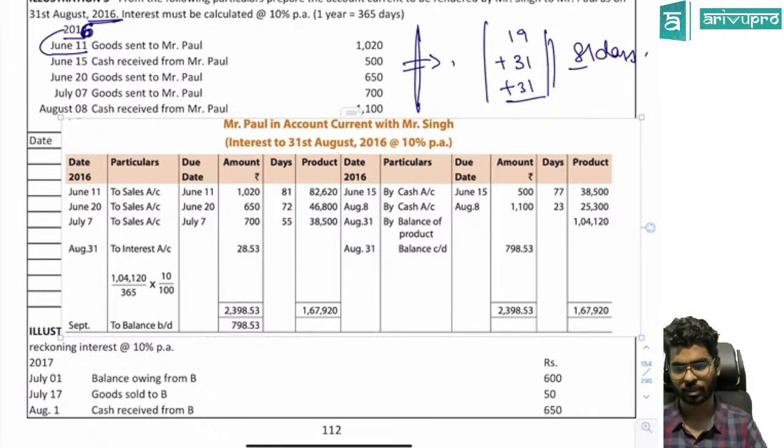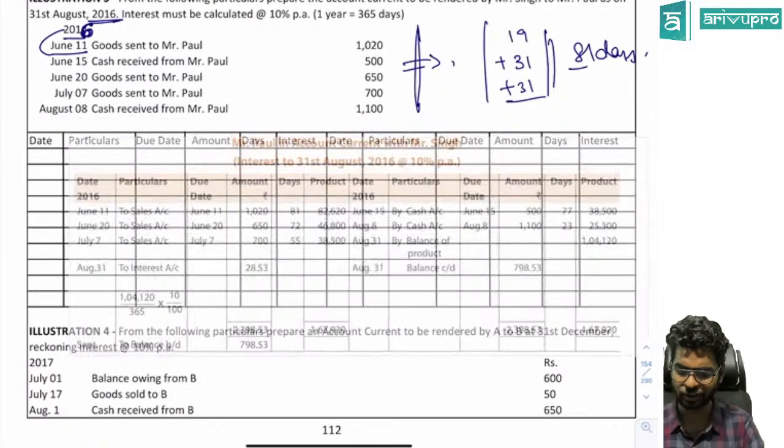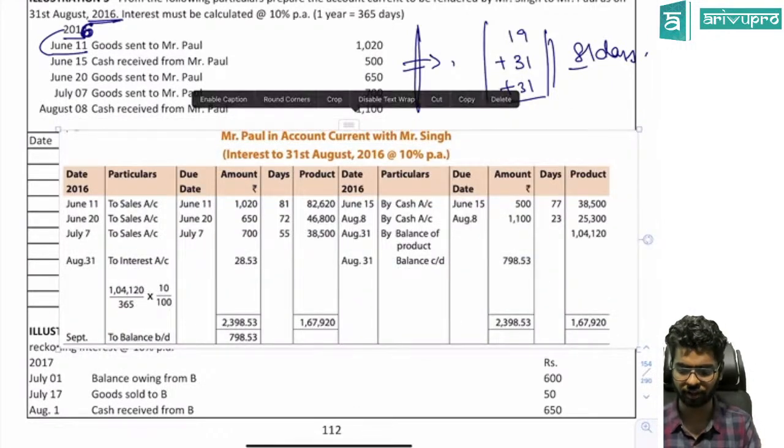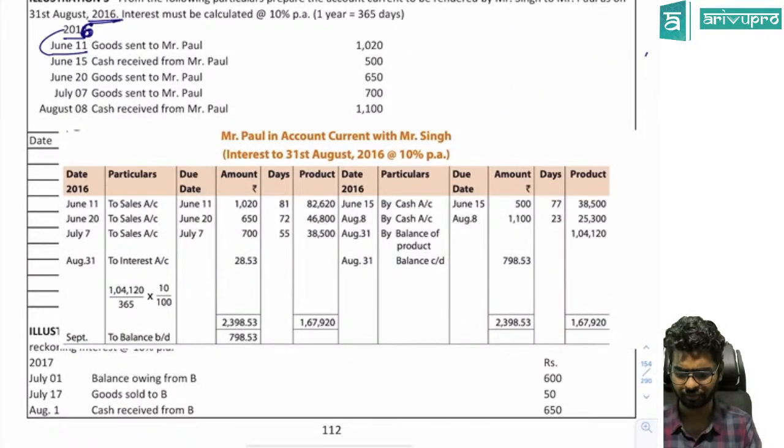Generally, Kumar, they don't mention the method. It's always better to follow the product method, it's easier.